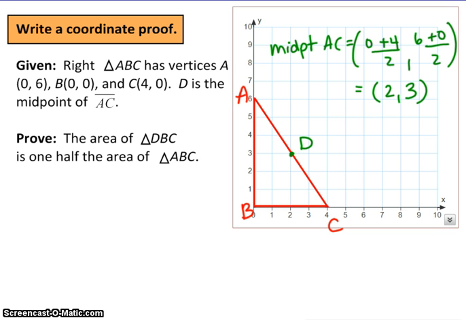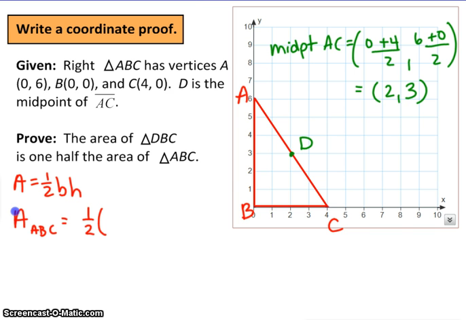Okay, so now that we have all of the given information plotted on our coordinate plane, let's go ahead and prove that the area of triangle DBC is half the area of triangle ABC. Now remember that the area formula of a triangle is 1/2 base times height. So let's go ahead and find the area of triangle ABC.